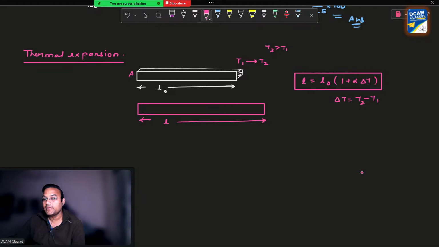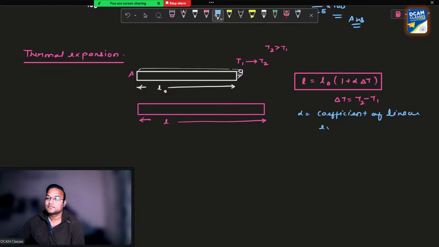L naught is the original length, L is the new length, delta T is the rise in temperature, and alpha is the coefficient of thermal expansion. Actually, coefficient of linear expansion. Right?